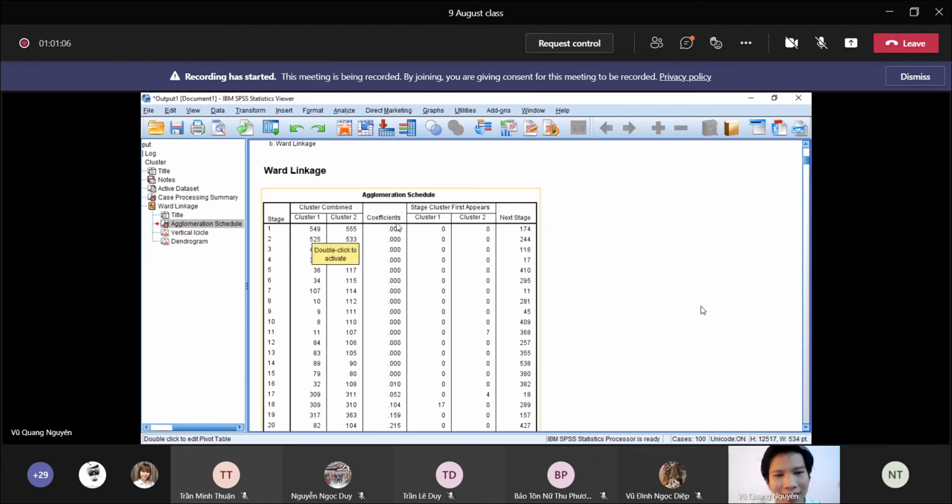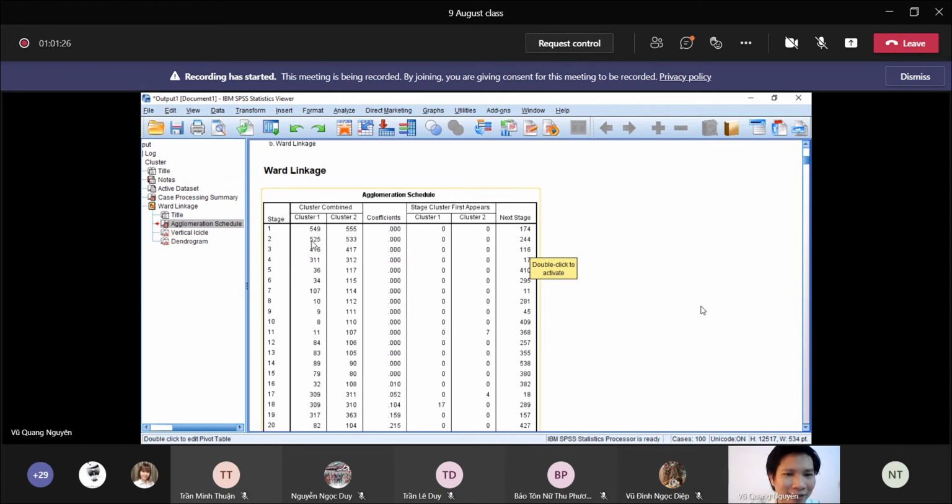The coefficient here is the distance between them, and the distance between them is 0. Now, why is this 0? Because they are in the same spot. Those two answered the same numbers for the same questions. That's why the coefficient is 0 here.